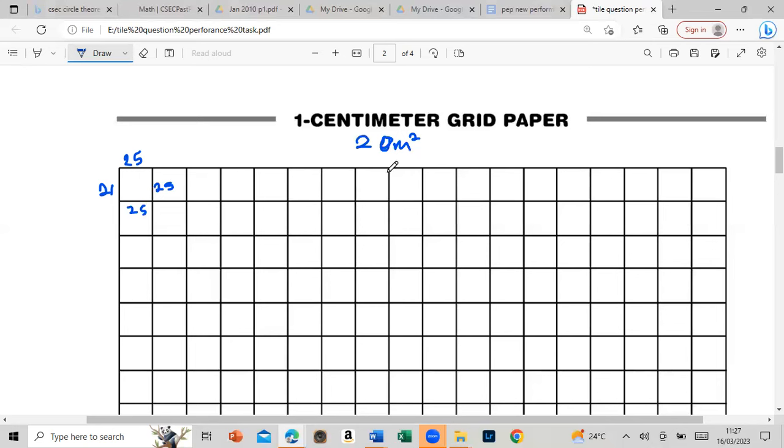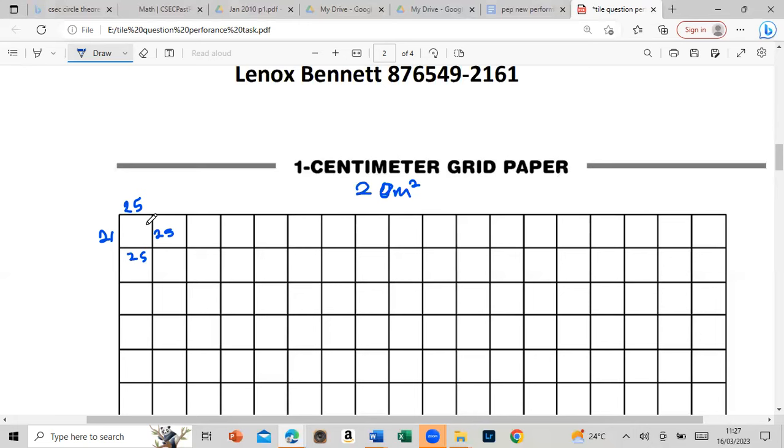So the first thing we need to do is to draw the dimension of the room. But we have a discrepancy. They gave us meters for the area and they gave us centimeters for the length. So we have to convert. I am choosing to convert from meter square to centimeter.